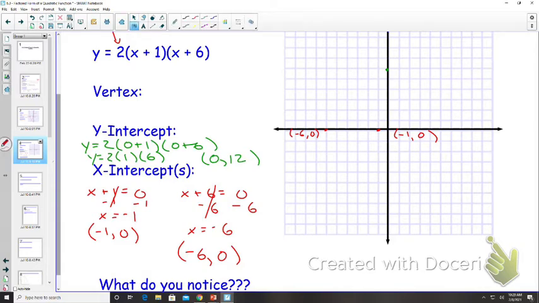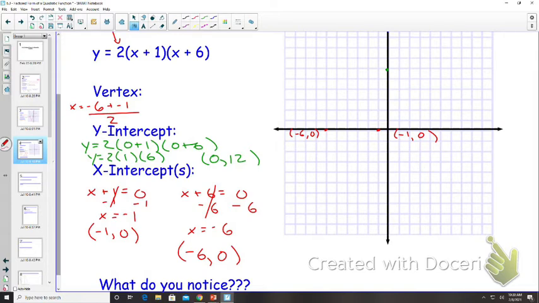So for our vertex, remember, if we know two ordered pairs that have the same y value, we can calculate the axis of symmetry using those two x coordinates, right? So negative 6 plus negative 1, divided by 2.